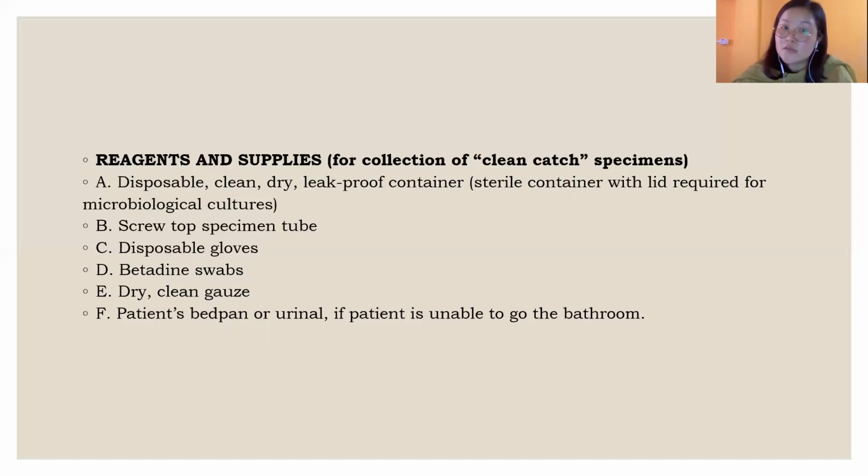You also require disposable gloves, betadine swab, and clean, dry gauze. If the patient is an inpatient unable to go to the bathroom, you may require a bedpan or urinal. For a patient who can travel to a bathroom, there is no such requirement.